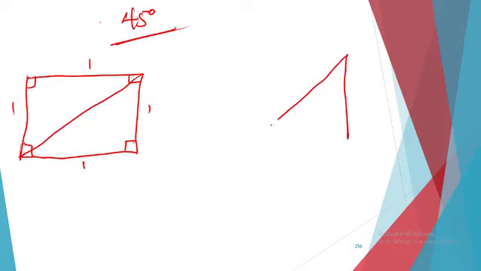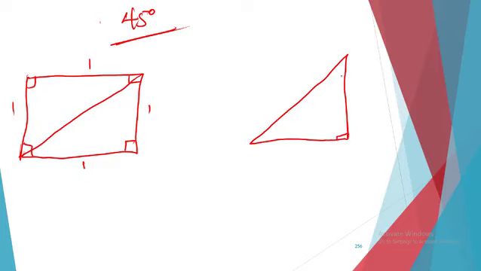Quickly, let us look at angle 45 degrees. If we are given a square, it has equal angles which are all 90 degrees, and each side is also equal. So if we bisect this square, we have half of it. We have something like this, right?